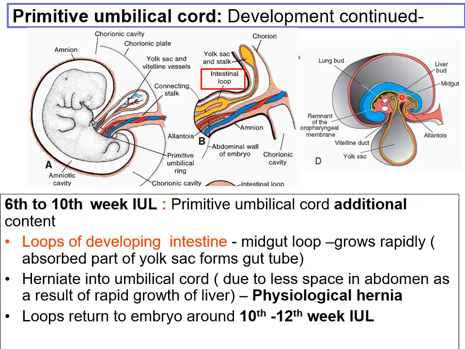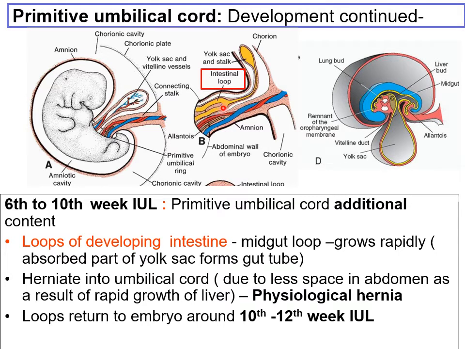You can understand why: this absorbed part of the yolk sac is the foregut, future midgut and hindgut. Your intestines are so long that they don't have space in the growing embryo because the body wall is small. Hence, as they grow, they come out into the connecting stalk mesoderm, or the primitive umbilical cord, with the rest of the yolk stalk attached to it anyway, because this was the original yolk sac, right?